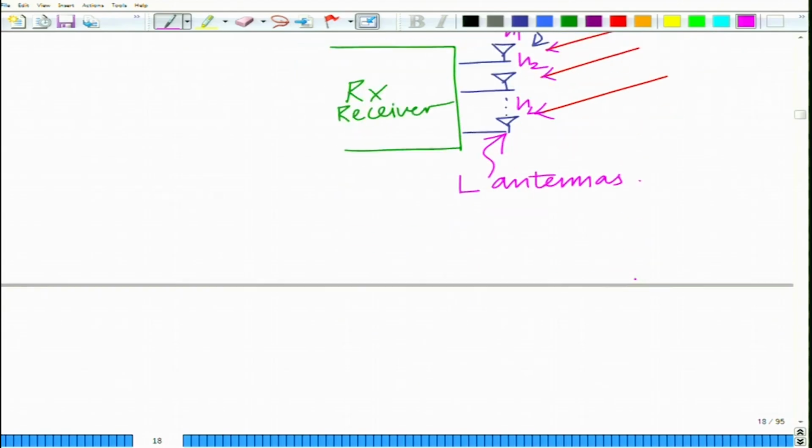and in this multi-antenna system we have these channel coefficients H1, H2 up to HL.